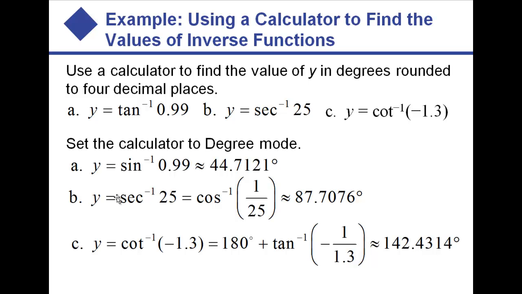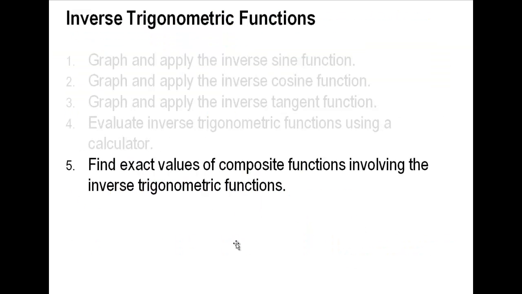To find inverse secant of 25, you're finding inverse cosine of 1 over 25, and then inverse cotangent of negative 1.3 again is pi plus inverse tangent of it, only in this case we're in degrees instead of radians, so you got to make sure that first thing you reset your calculator to degree mode, and then instead of adding pi you're adding 180. Okay, so same thing, it's just whether you're in degrees or radians.